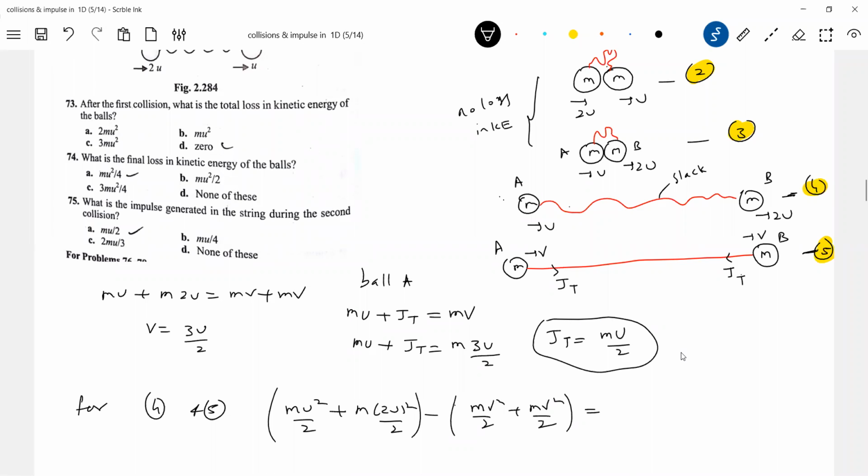Take the difference. We'll get some loss in kinetic energy. Where has that gone? The string. Is it okay? So that particular kinetic energy will be taken by the string.